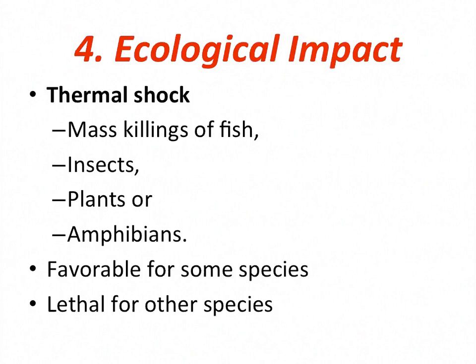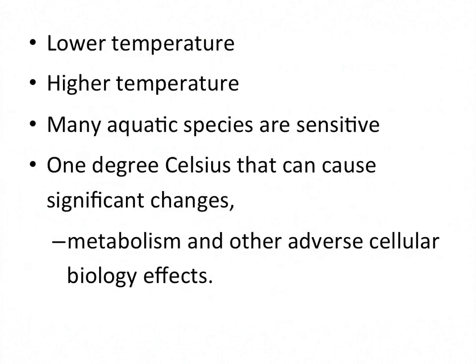Hotter water may prove favorable for some of the species, while it could also be lethal for many other species. A small water temperature increase may increase the level of activity, while a higher temperature decreases the level of activity.